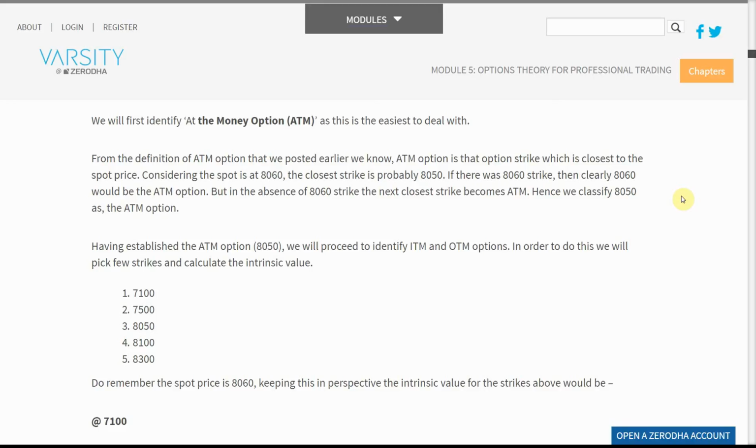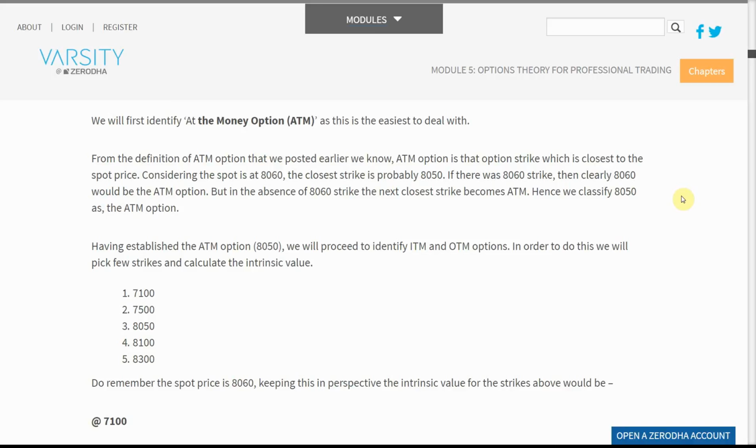But in the absence of an 8,060 strike, the next closest strike becomes ATM. Hence we classify 8,050 as the ATM option. Having established the ATM option 8,050, we will proceed to identify ITM and OTM options.